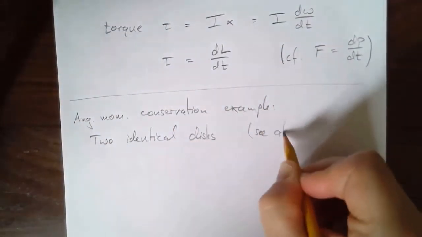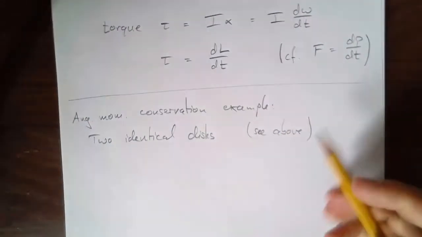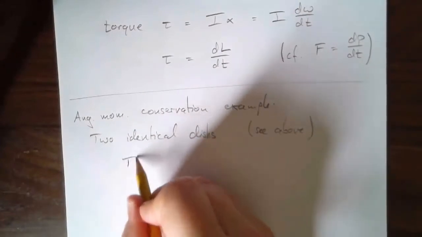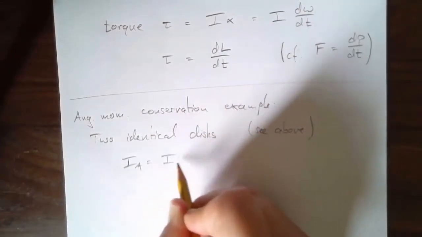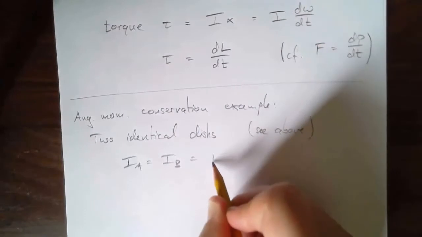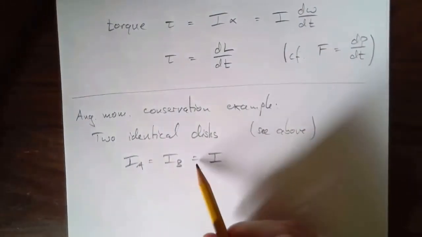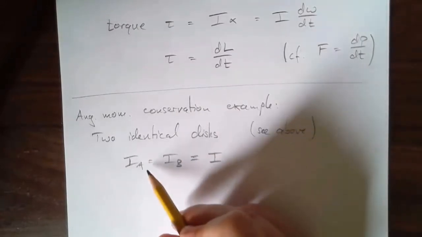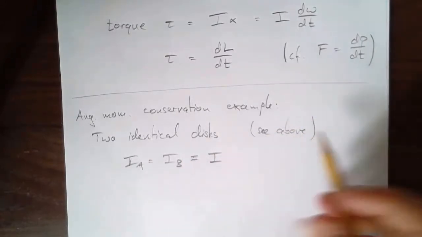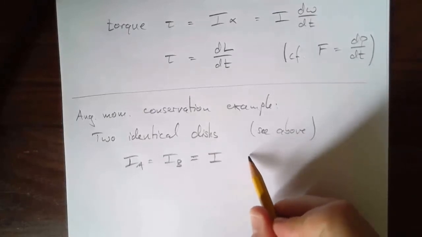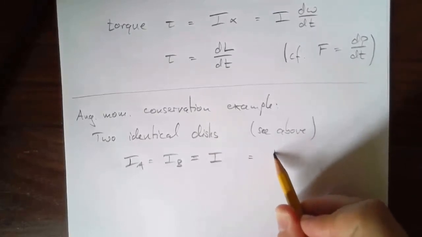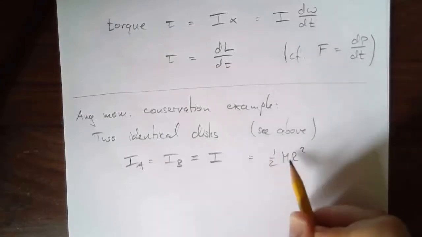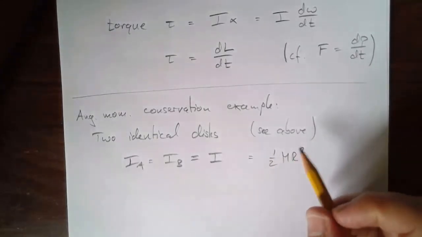I didn't specifically say they were identical, I'm just going to go with it now. So I_A equals I_B equals just one I. This equal sign just means call it I. I don't have to distinguish between the two, there's only one. Now if it is a solid disk, that might be equal to 1/2 times the mass times the radius squared, but I don't actually care about this right now.